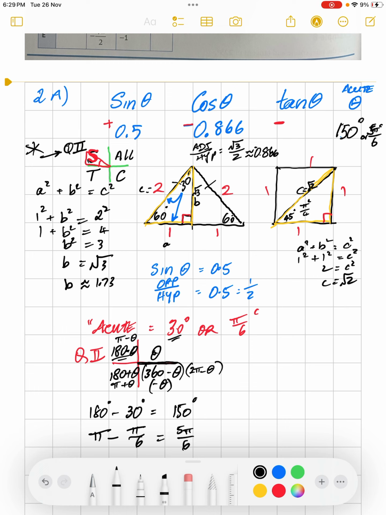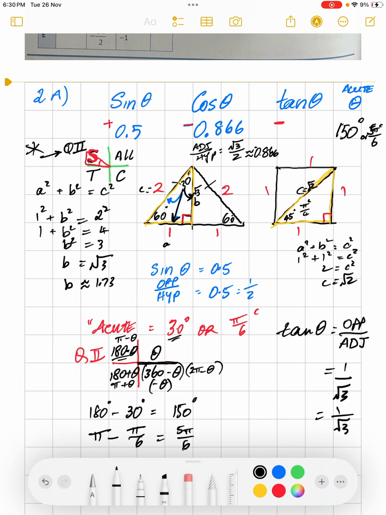And tan equals opposite over adjacent. The opposite side is 1 and the adjacent side is root 3, and so we get 1 over root 3.